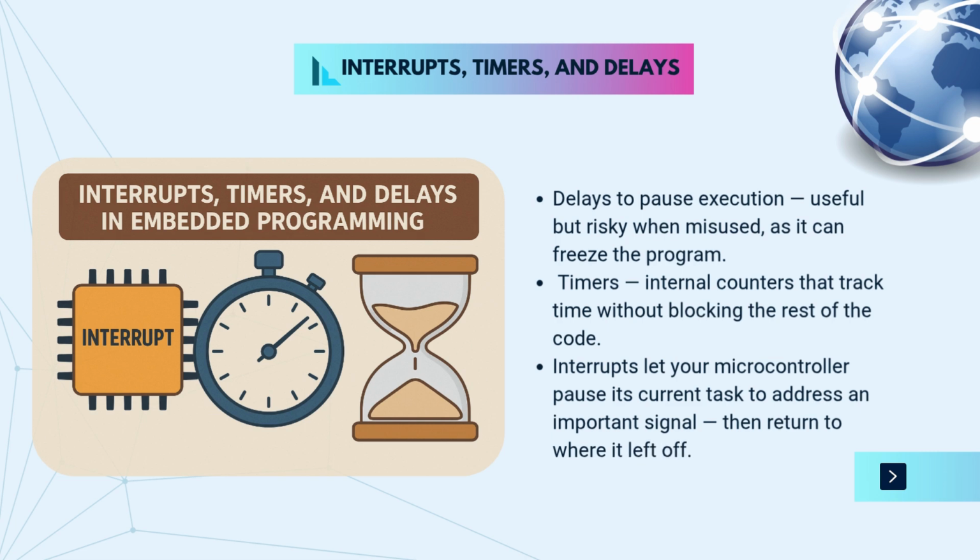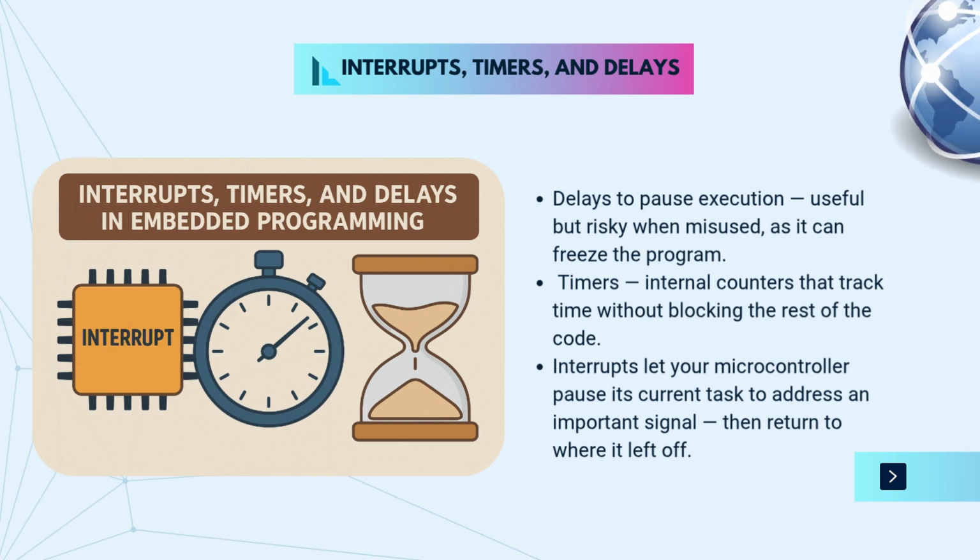But what if you need your device to respond instantly, like stopping a motor when a button is pressed? That's where interrupts come in. Interrupts let your microcontroller pause its current task to address an important signal, then return to where it left off. We'll show you how to configure interrupts and timers, with real-world demos to help you master time-sensitive tasks.